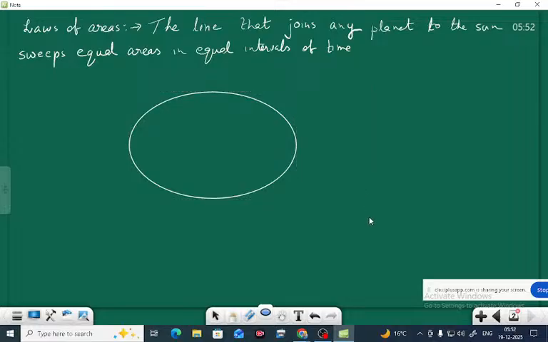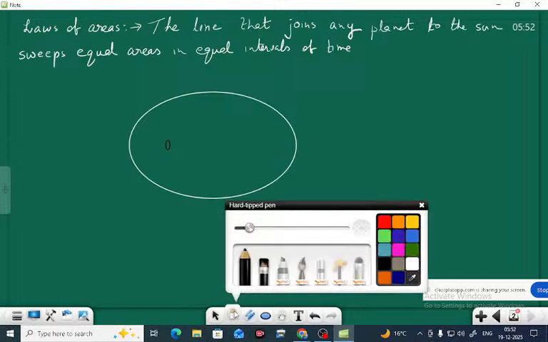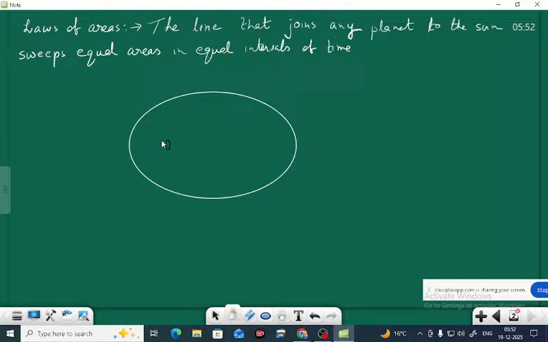So we have taken an ellipse, and suppose this is our Sun. From here to here and from here to here, if it is the farthest at this point, then we are getting this point, and another point is here.